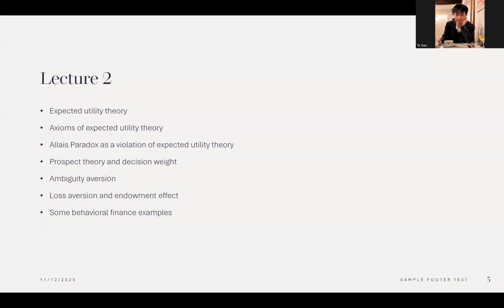And then we also discussed loss aversion and the endowment effect. Here we try to say that maybe loss aversion is more fundamental than the endowment effect. Under prospect theory or the loss aversion model, we can explain why people have a gap between willingness to pay and willingness to accept.